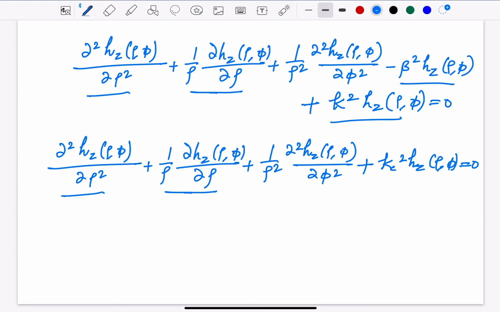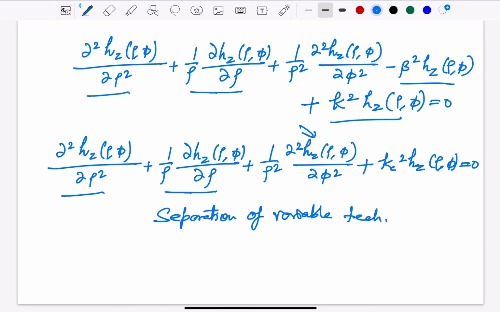Fine. So now this magnetic field function may be determined using the separation of variable technique. What is that? Separation of variable technique.